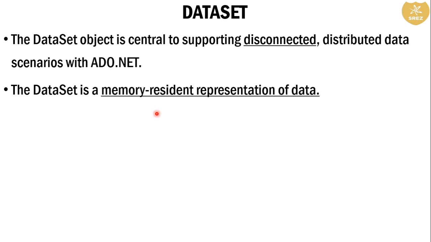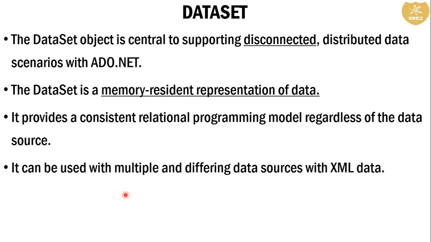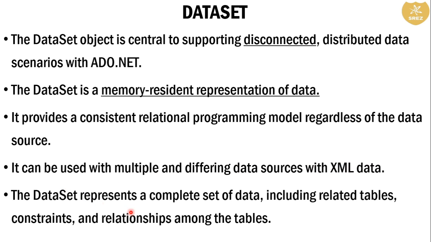It is a disconnected and memory-resident representation of data. It provides a consistent relational programming model regardless of its data source. It can be used with multiple or differing data sources with XML data. So there are many data sources and dataset stores each of them in the XML format. It represents a complete set of data including related tables, constraints and relationships among the tables. We have seen this in the architecture video, right?